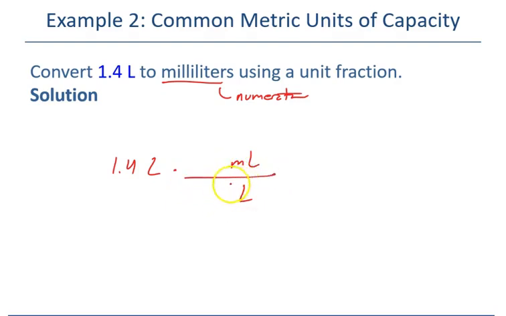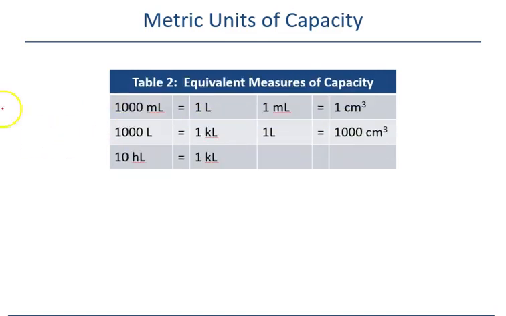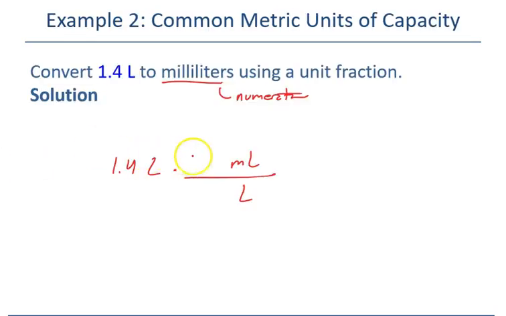Well, how many milliliters in 1 liter? Well, let's go back and look. Here we are. Look, 1,000 milliliters to 1 liter. So let's come back, and we got 1,000 milliliters to 1 liter.